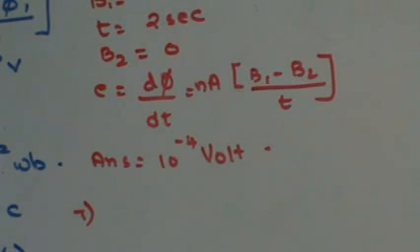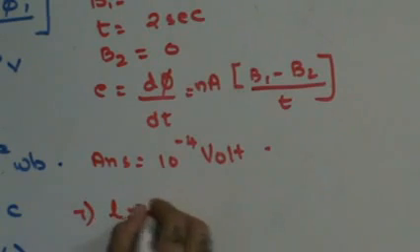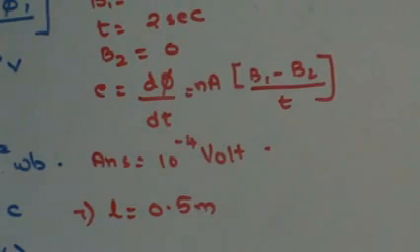A square wire loop of side 0.5 meters is placed with its plane perpendicular to the magnetic field.